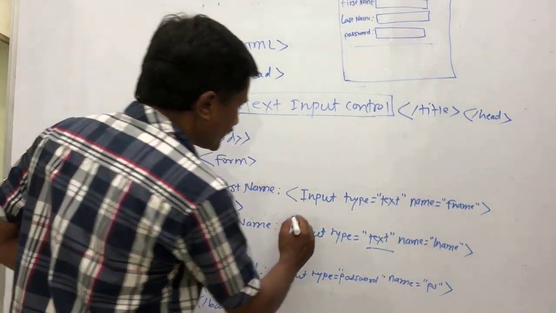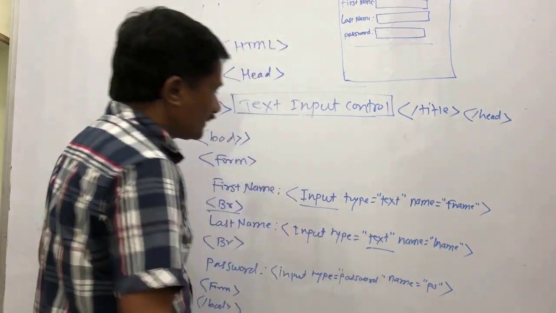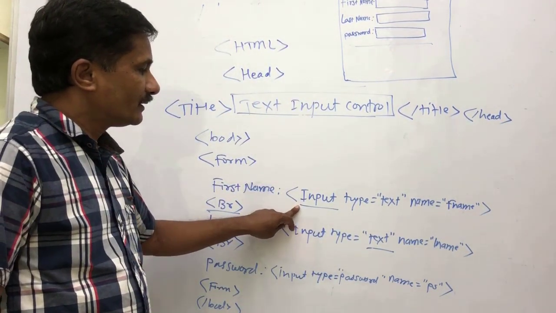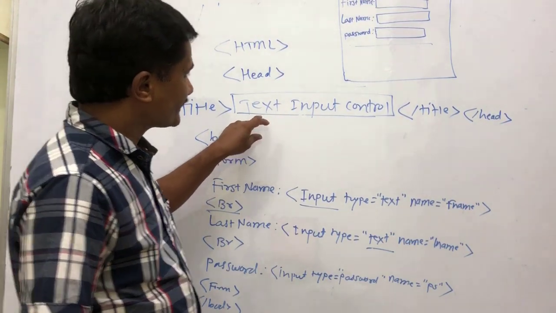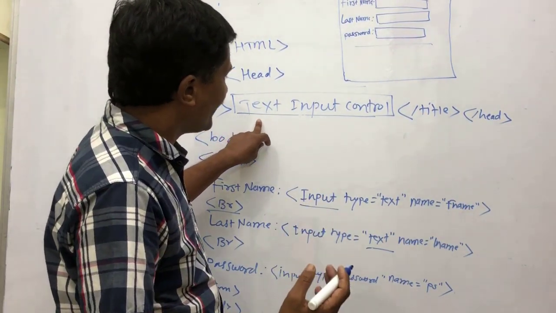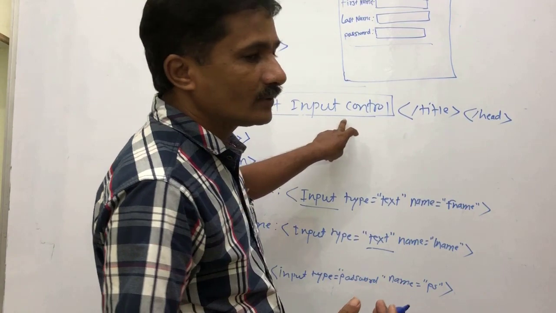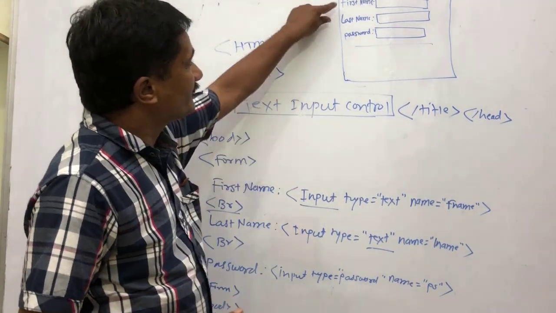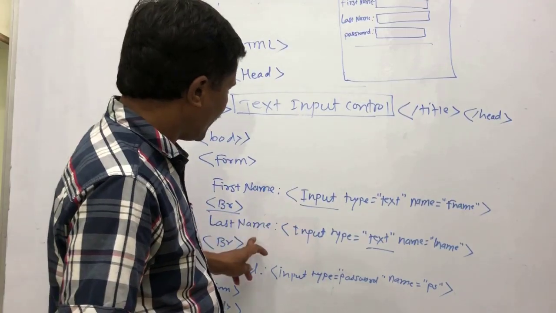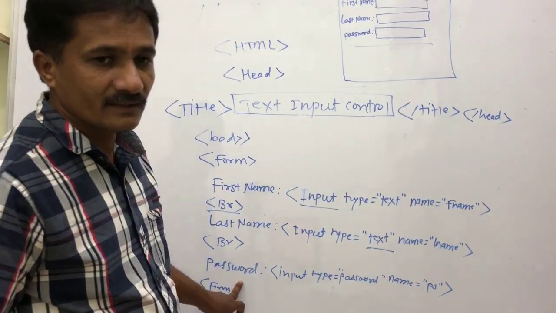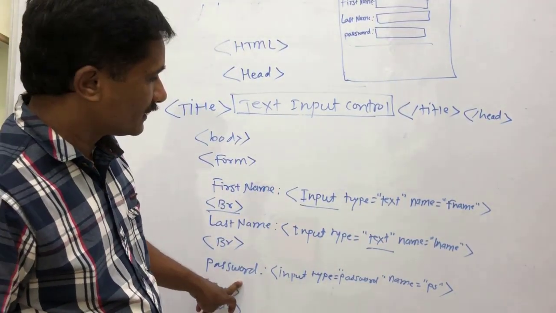Students, this is the example on the text input control. The simple input tag is used to accept the single line text input control. In this example, you can accept the first name and last name and password from the user.